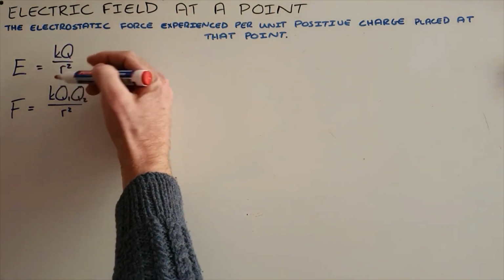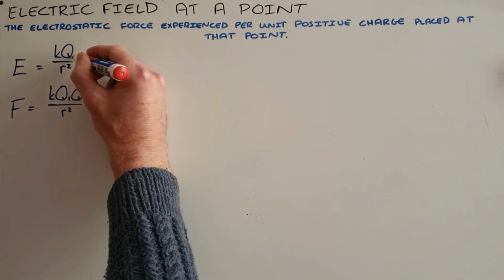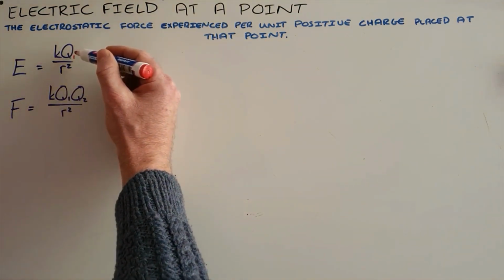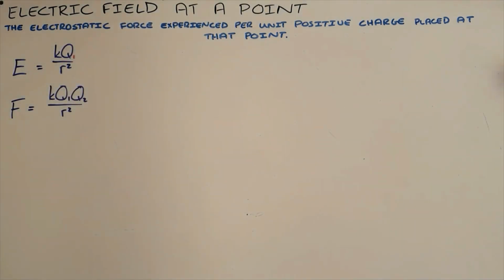And our original formula for electric field tells us that the electric field around an object is directly proportional to the magnitude of that charge and inversely proportional to the distance of separation squared.